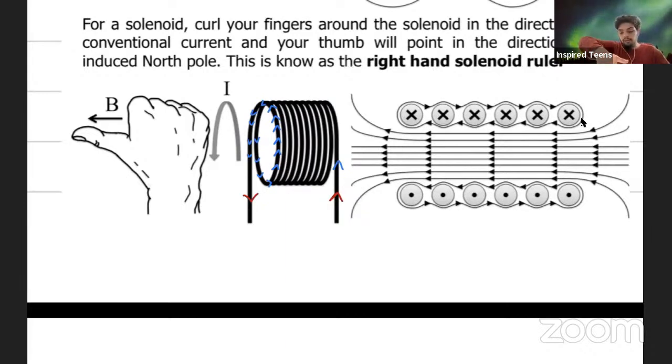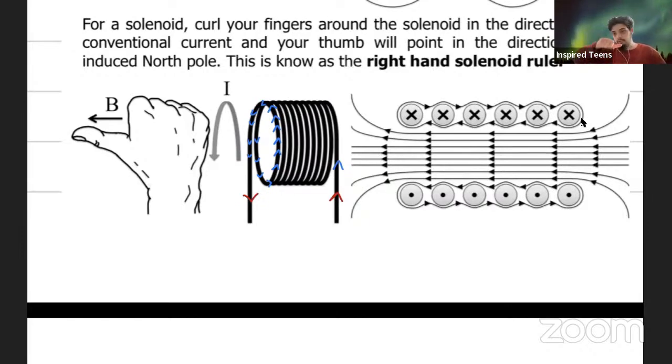When you curl your fingers towards you at the front, your fingers would point in the upward direction. Throughout that entire motion, whether you're at the back going down or in the front going up, your thumb is pointing towards your left.